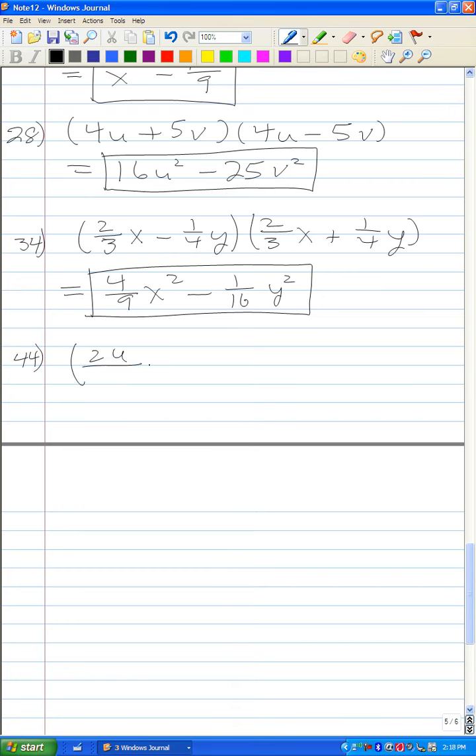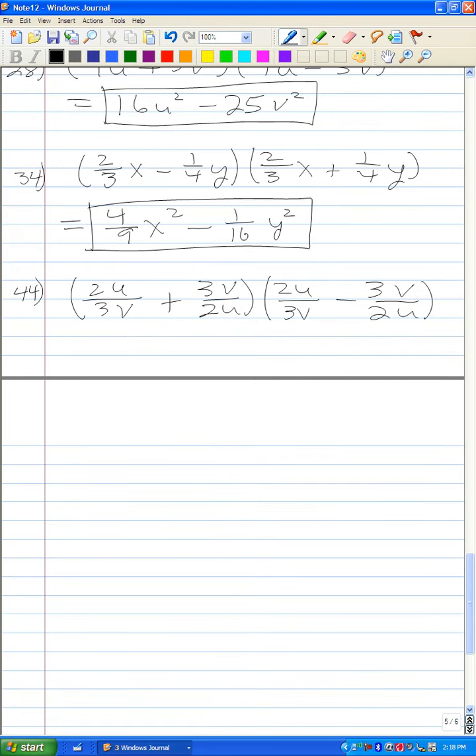Two u over 3v plus 3v over 2u, times 2u over 3v minus 3v over 2u. So let me do that. Notice that these terms are the same.